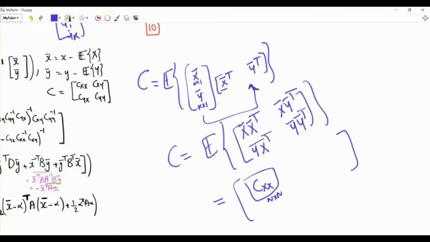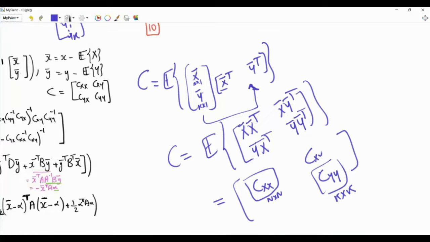This will be the covariance matrix whose elements are the covariances between one element in vector x and another element in that vector x. On the main diagonal, we will have the covariance between an element and itself, which is the variance. And here we will have CYY, that's a K by K. And then here we will have the cross covariance matrices we defined on the previous slide.